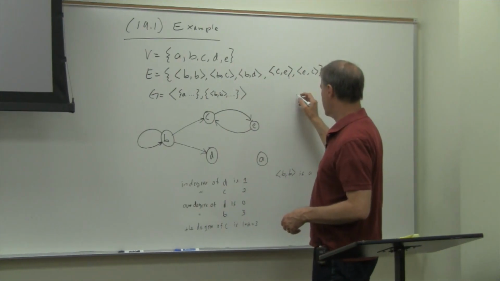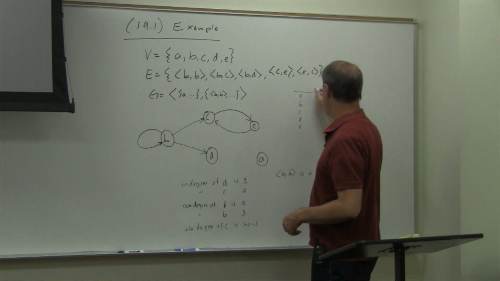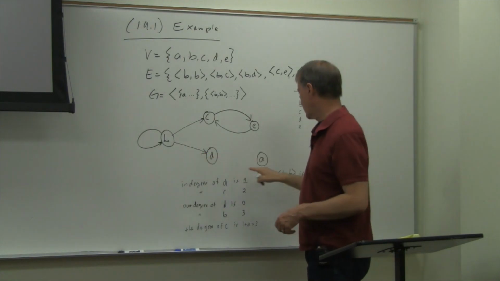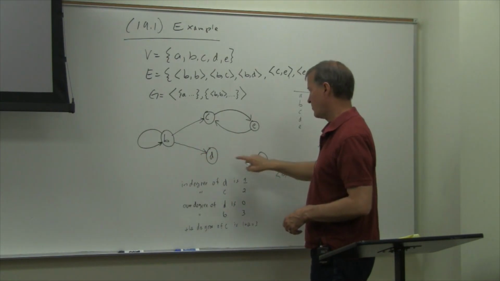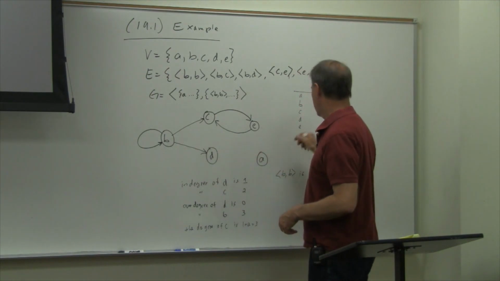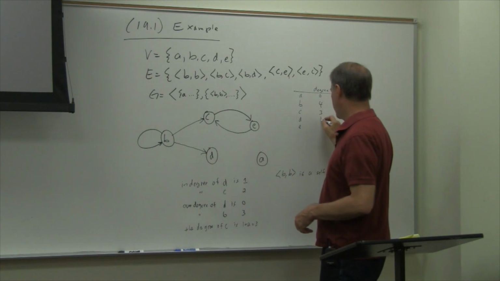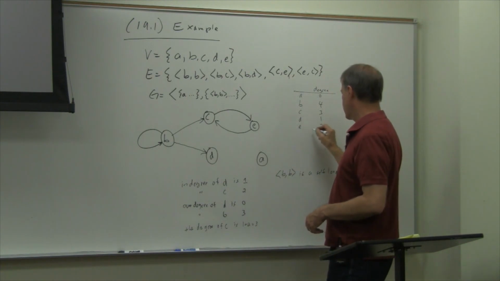Let's do the degrees of A, B, C, D, E. And here's the degree. So what's the degree? 0, 4, 3, 1, 2.